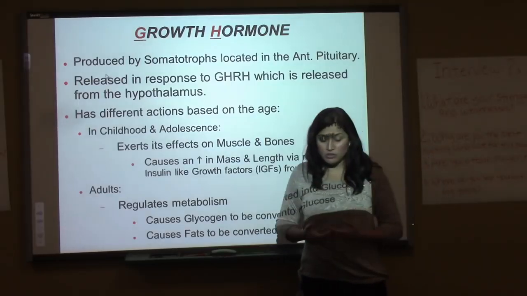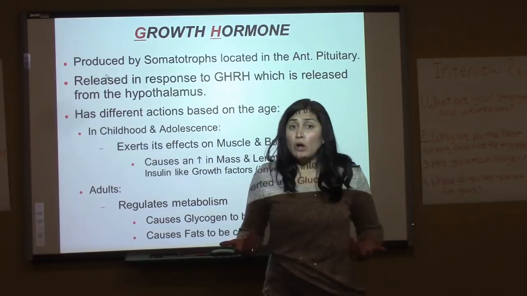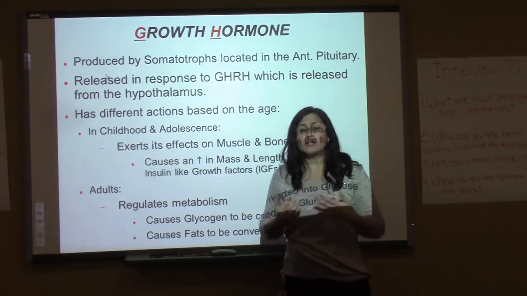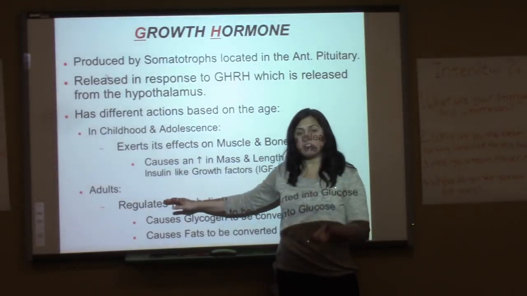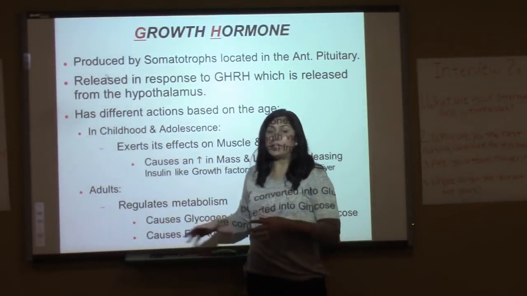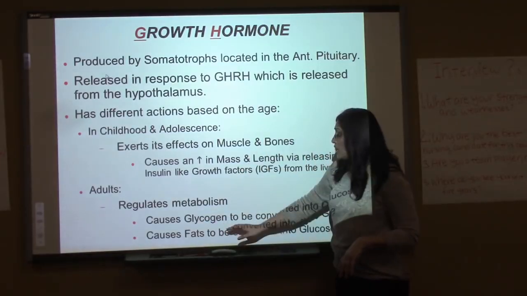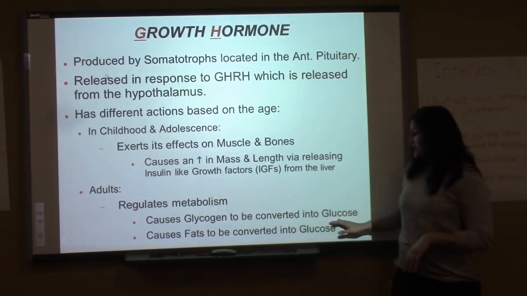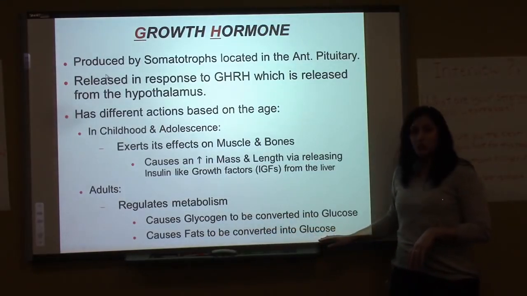Now, of course, once you have reached adulthood, you're no longer going to grow. You have reached your limit. So what is the function of growth hormone after that? In adults, the function of growth hormone is metabolism. It causes your glycogen to be converted into glucose, and it causes your fats to be converted into glucose.